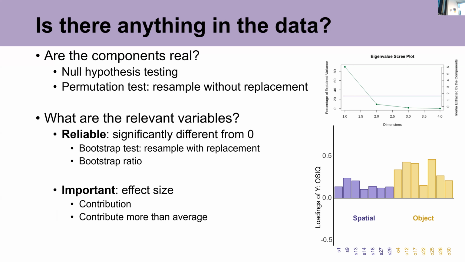Just one thing to point out, being significant doesn't mean it's important enough, right? You could have something that's significant, but the effect size is so small. What is a common case that this will happen? Anyone? When would you find something extremely significant, but the effect size is so small?